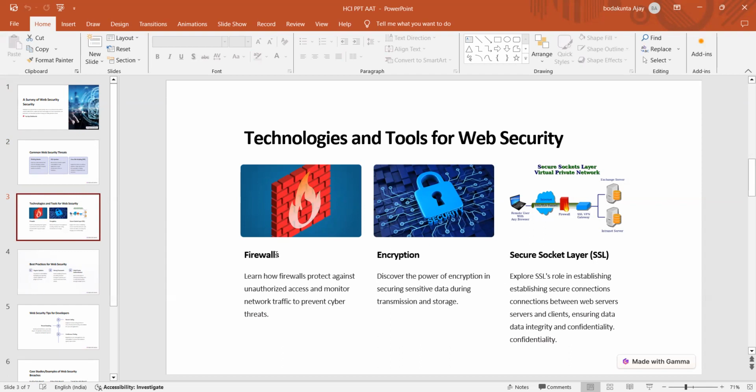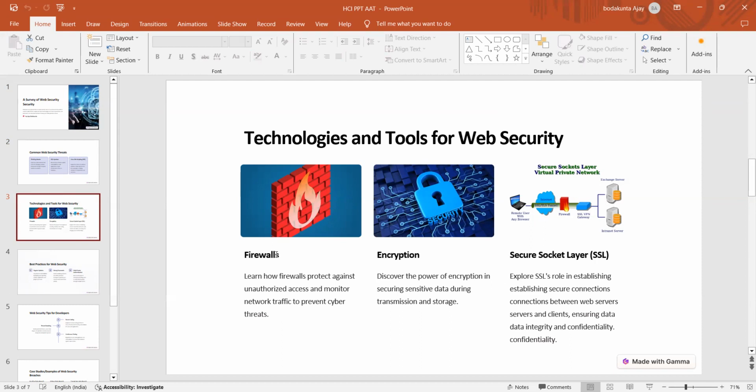Encryption secures information by using an encryption key. Using that key we can protect our data from unauthorized access while transmitting it from sender to receiver. So encryption is an important step that secures information while transmitting and storing.